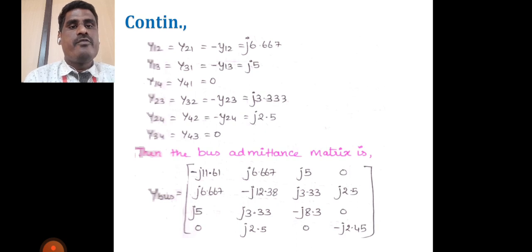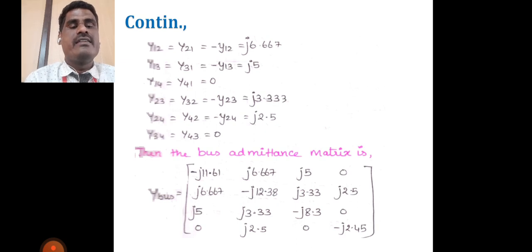Everyone should know that y12 equals y21, y13 is y31, y14 is the same as y41, y23 is the same as y32, and y24 is the same as y42. Finally, y34 is the same as y43.